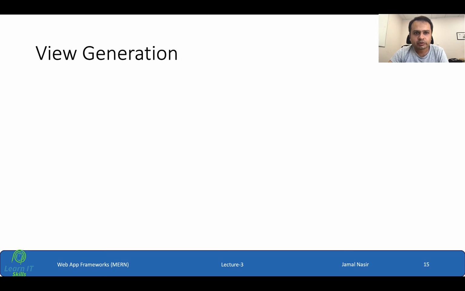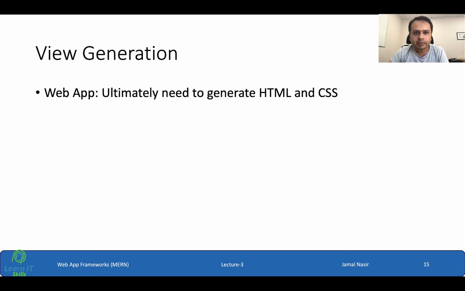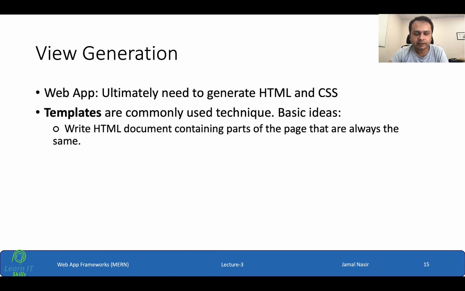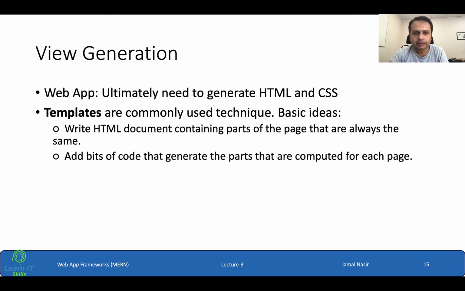So in view generation, a web app ultimately needs to generate HTML and CSS, right, for the user interface or user interaction. Templates are a commonly used technique. The basic idea is to write an HTML document containing the parts of the page that are always the same. So this is the template. Add bits of code that generate the parts that are computed for each page.